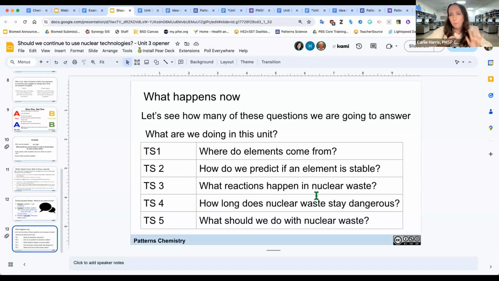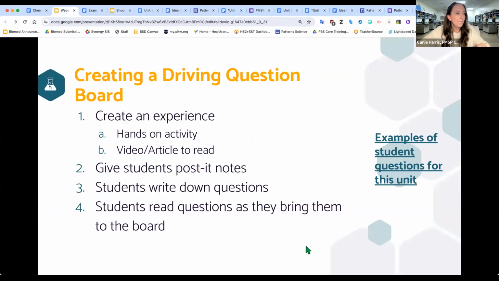How many of the questions that we've come up with in our quick brainstorming, where do you think they will fit? And is there something missing? Do we need to add a little bit more here? I've taught Unit 3 quite a few times, and pretty much all, 95% or more of the students' questions fall within our task sets. So it's a great way to engage students and get them thinking about the things that we want them to be thinking about as we're introducing content.